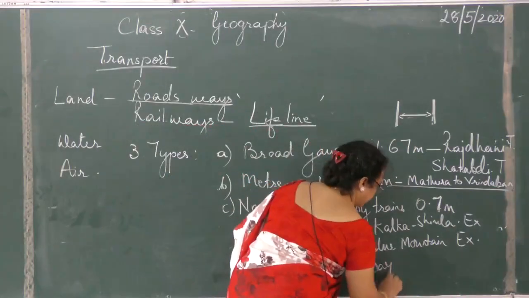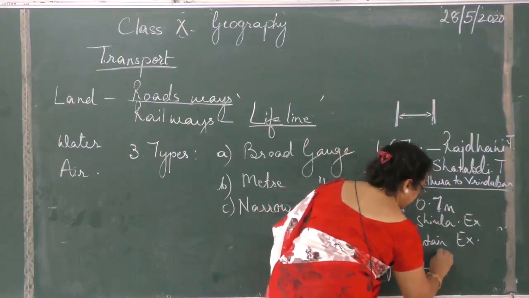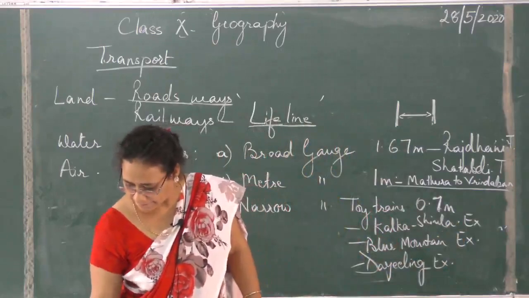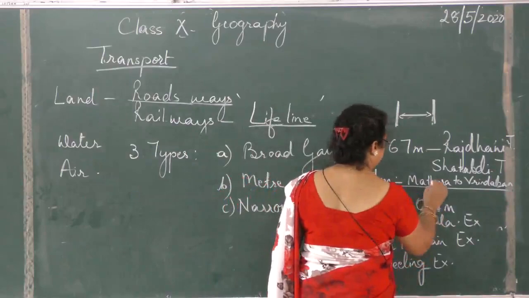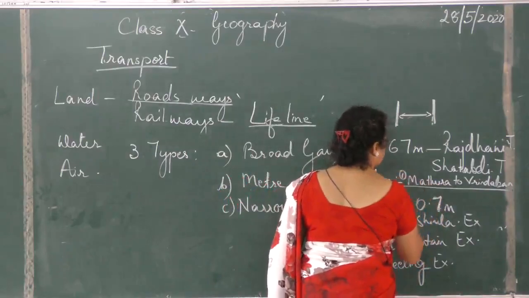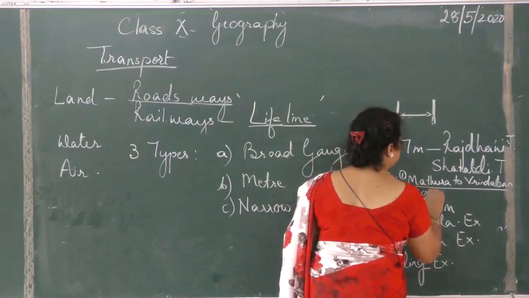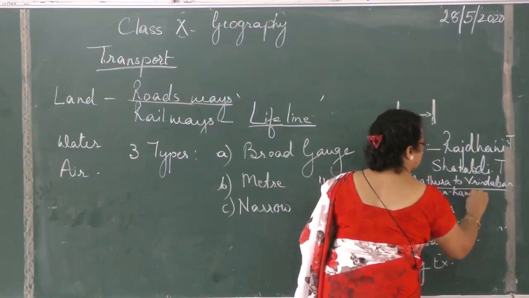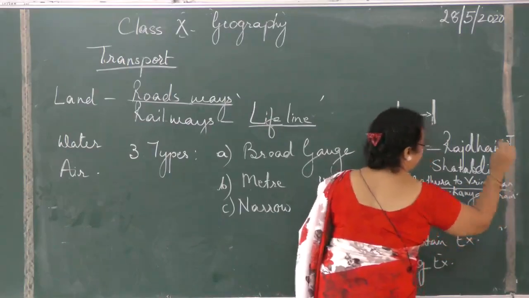Whichever one you can remember, at least 2 examples you should be knowing in each. Darjeeling Express. In this category, in the 1 meter category, this is one example. The second example, write down Konkan Kanya train. So two examples I have given you.